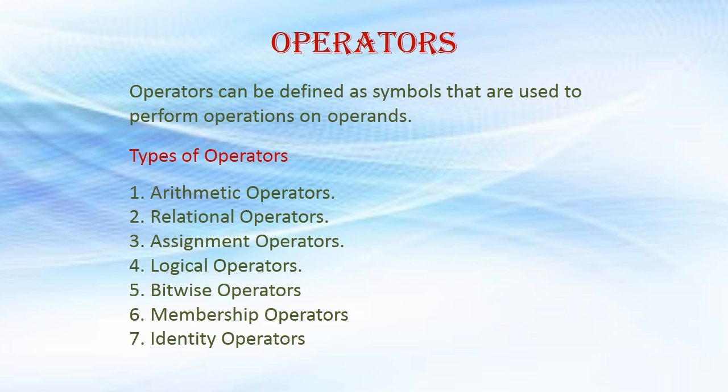So 2 and 3 are operands, and plus and equals are operators. These are the different types of operators we use in Python programming: arithmetic, relational, assignment, logical, bitwise, membership, and identity operators. We will study all these operators in detail.